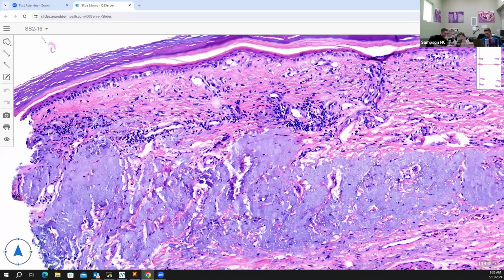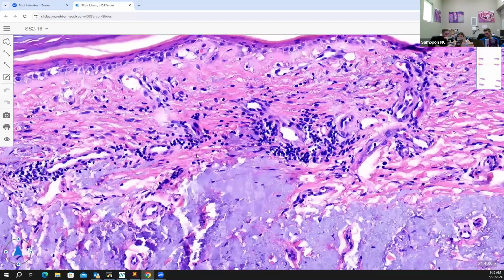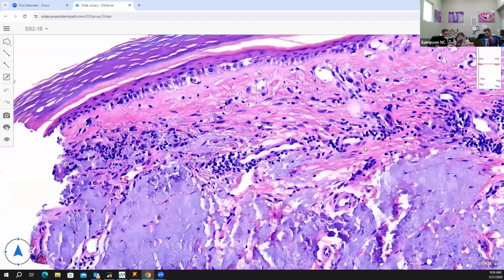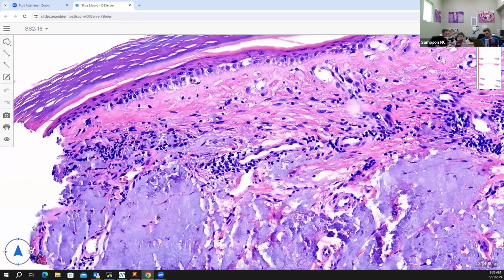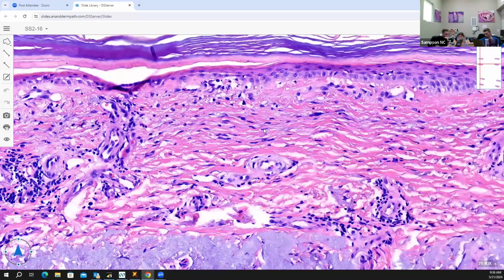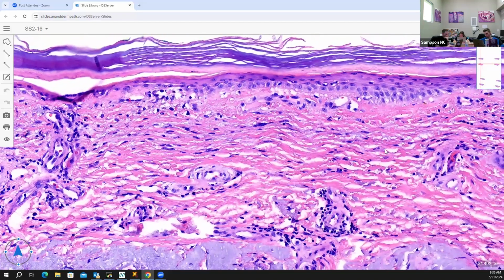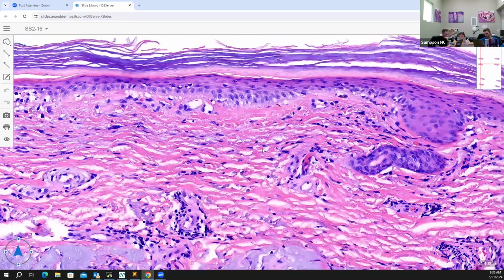So stasis is high in the differential for me just because of how many vessels there are. The epidermis is hard to evaluate because it's so atrophic, but I don't know if there's a little vacuolar interface or not. I don't see any pigment dropout. Is this a vacuolar interface?